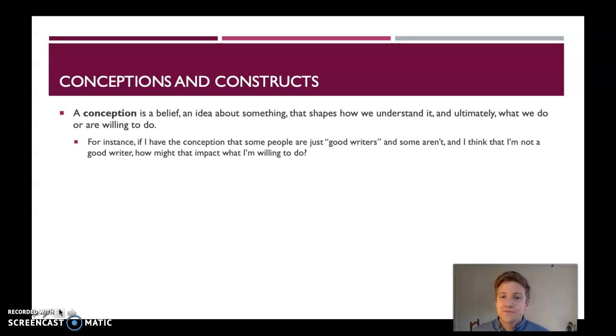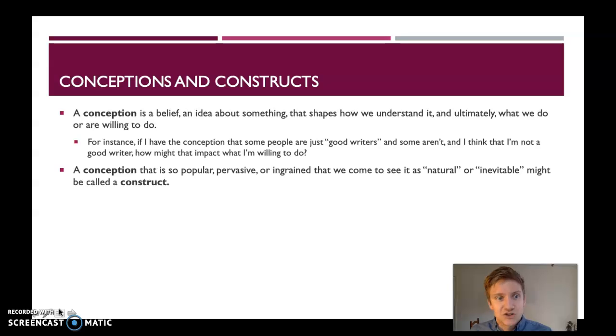So already we're seeing a writing construct here. That idea is not necessarily true if we were to dig and research it, but it's pervasive and it's something that we might just assume to be true.